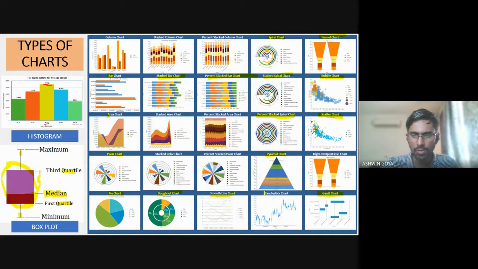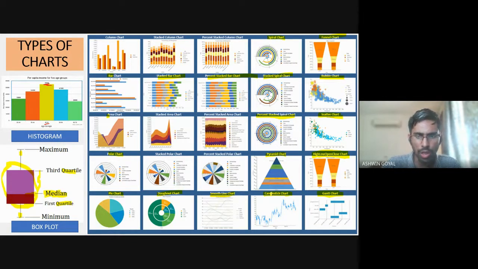Then within finance, we have the candlestick chart and the high low open close chart. These can help you track stock prices, basically. The candlestick chart, you all must have seen. This is very common in trading apps, right? Even crypto trading apps have this candlestick chart.